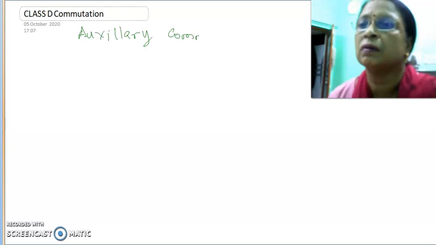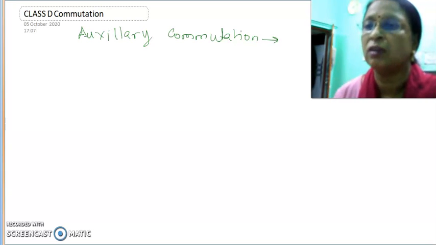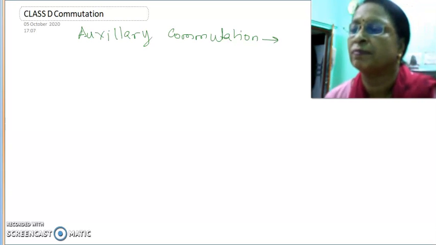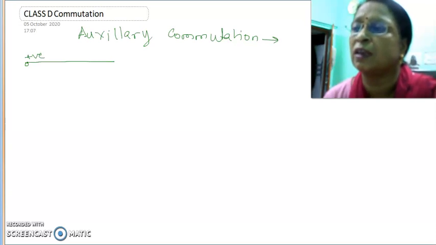auxiliary commutation. Why is it known as auxiliary commutation? By drawing this circuit. So the circuit goes like this. So I will give the DC supply, because in this circuit, all these classes A, B, C, D, E come under the first commutation method.